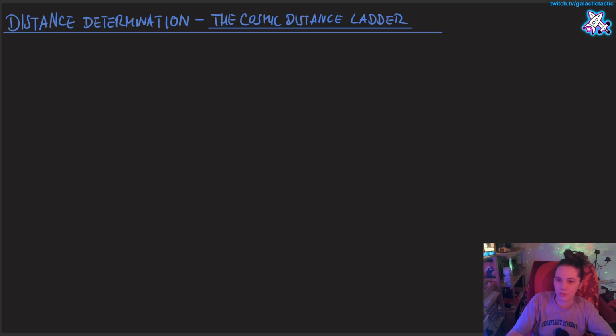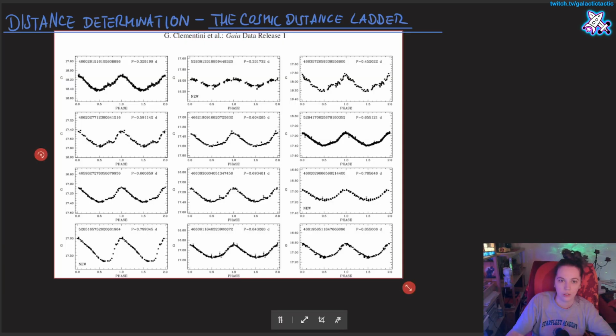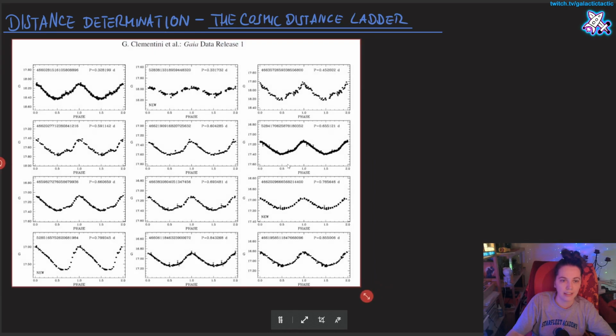Here. So this is from Gaia. These are observations from Gaia of Cepheids. These are the light curves. Here you can see Gaia's observation of different Cepheids.